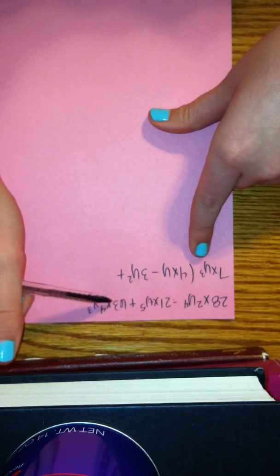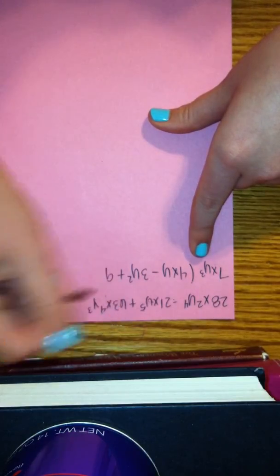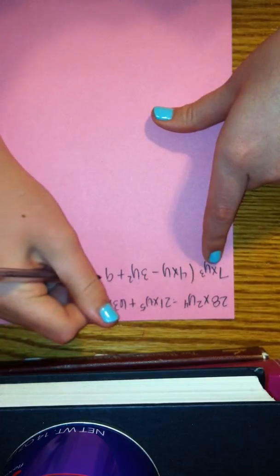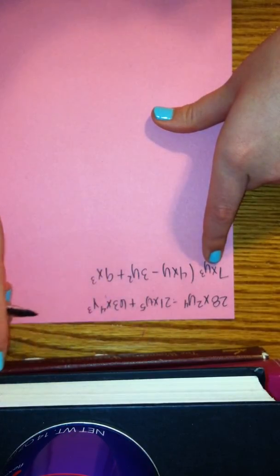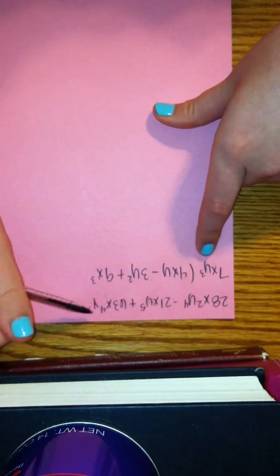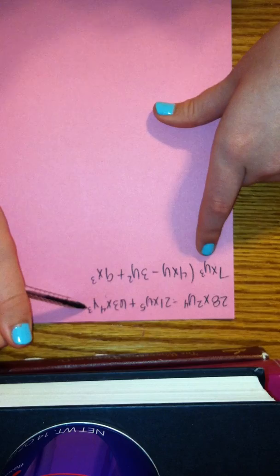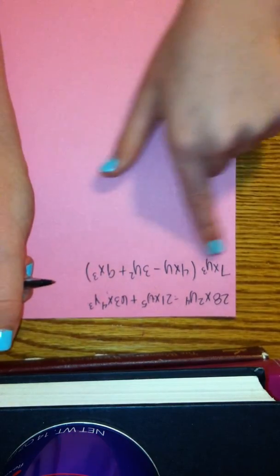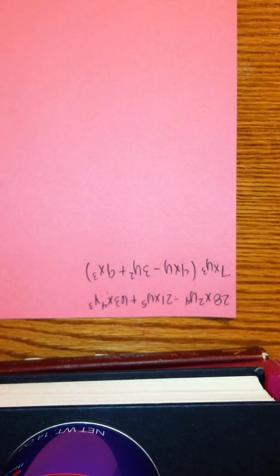What times 7 is 63 would be 9. And we have x to the 1st and we need x to the 4th, so we're going to write x to the 3rd. And then y, we have y to the 3rd and we need y to the 3rd, so we don't need a y. So that is the GCF part.